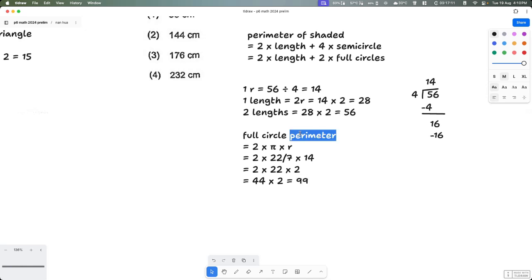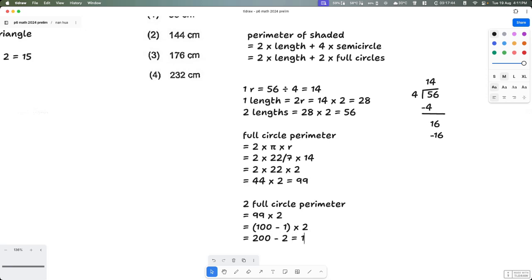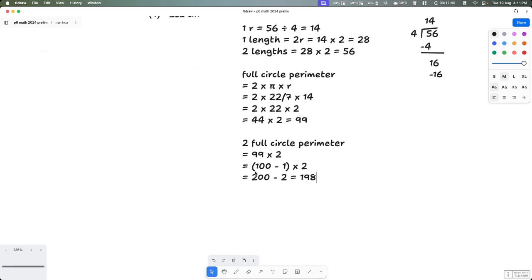So 2 full circle perimeters is equal to 99 times 2. I'm just going to put 100 minus 1 times 2. That's how I calculate stuff easily. Hacks. In this case, 200 minus 2 is 198. Yay.